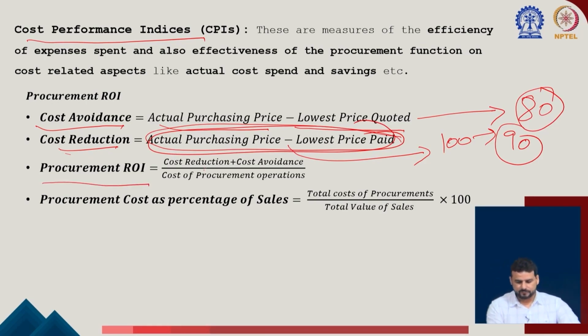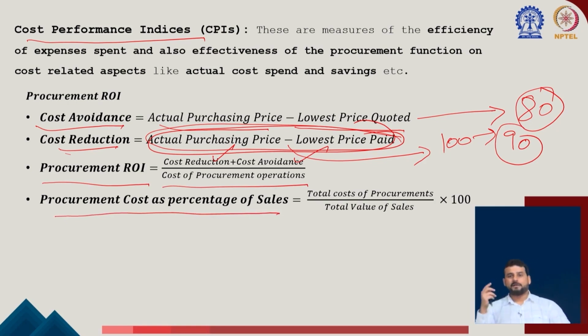Procurement ROI is cost reduction plus cost avoidance divided by cost of procurement operations, right? Procurement cost as a percentage of sales: how much you are total selling, and what your procurement department is adding into that.